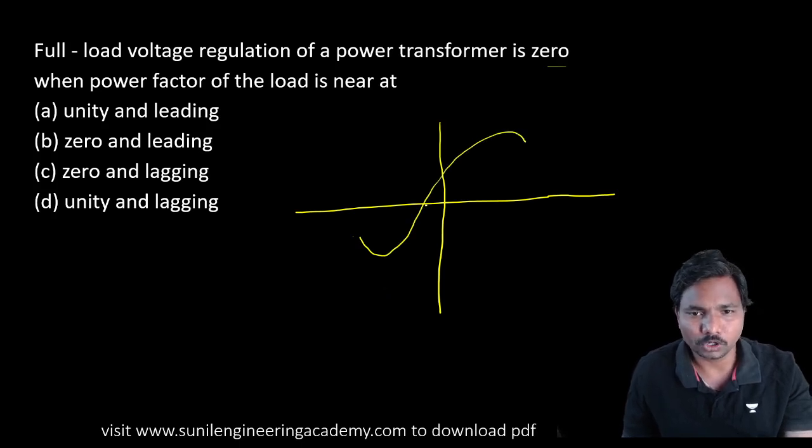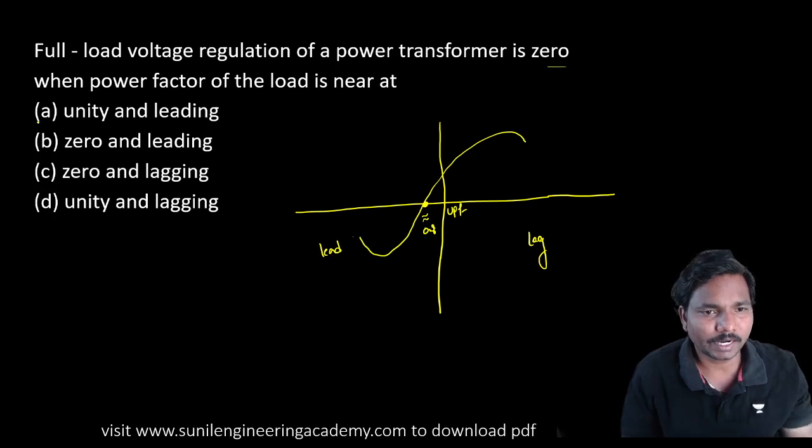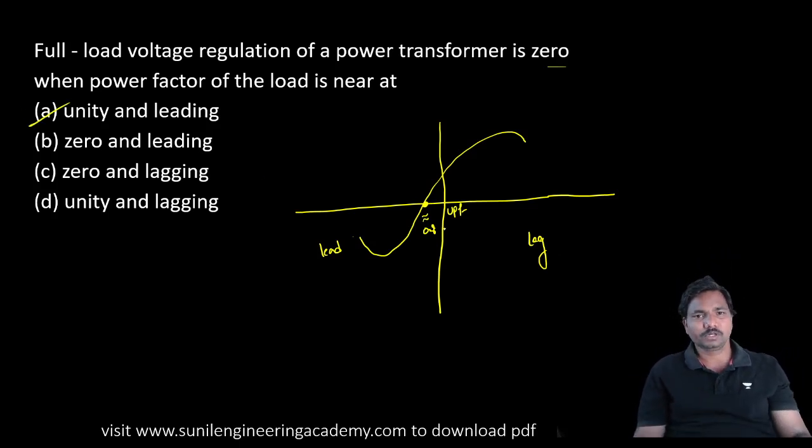Okay. So 0 in this case. Here unity power factor, approximately 0.8, and it is possible in case of leading only. So very near to unity and also leading. So in this case only there is a chance of 0 regulation. Okay. Unity and leading.